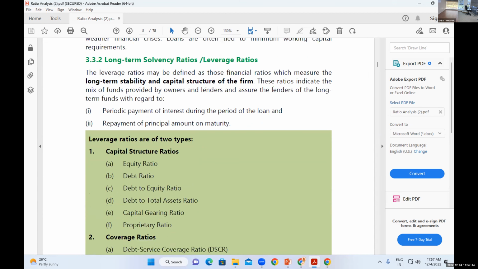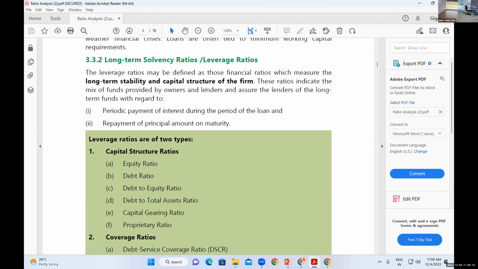Next, major point number 2: solvency ratio. So far we discussed short-term solvency. Now we are talking about long-term solvency. Who will be worried about short-term solvency? Mainly suppliers, and the bank which is granting you overdraft facility, cash credit, short-term loans.